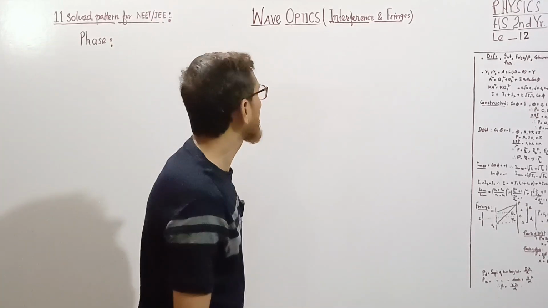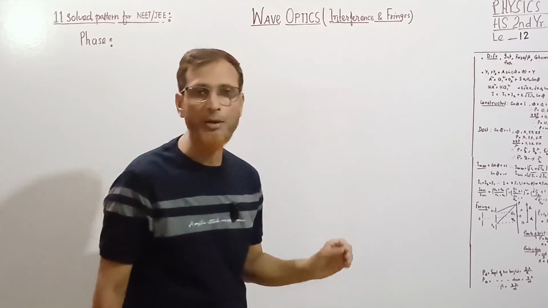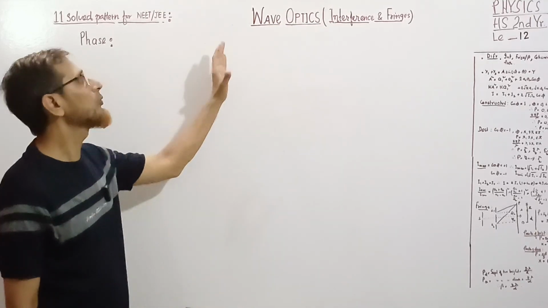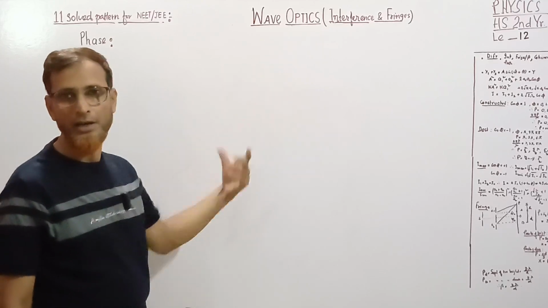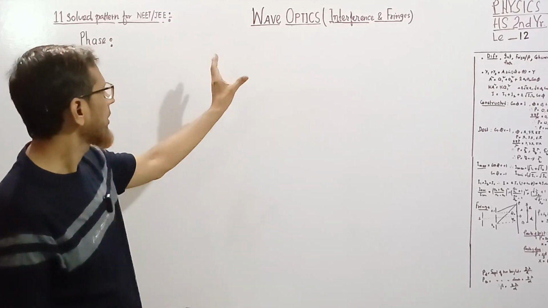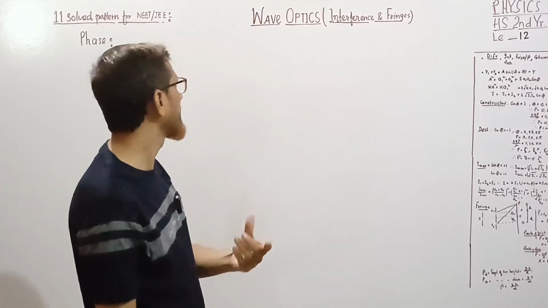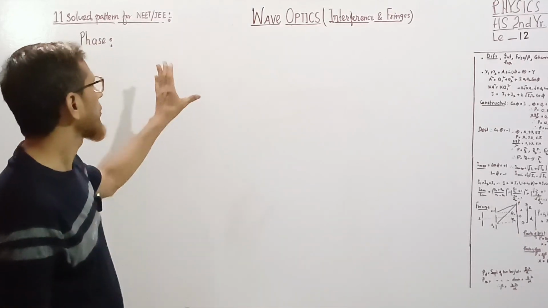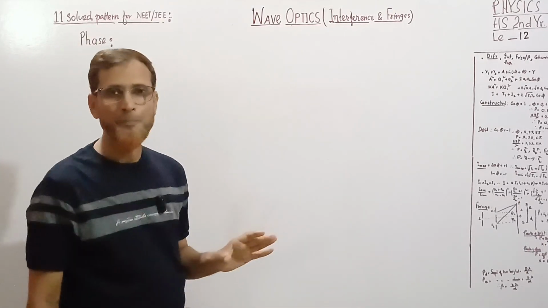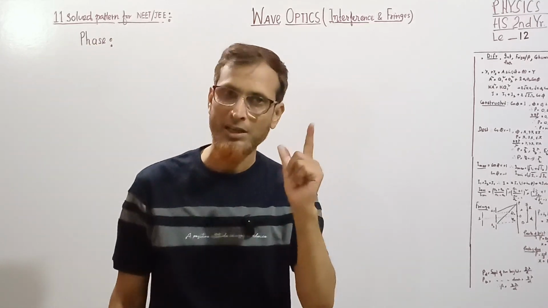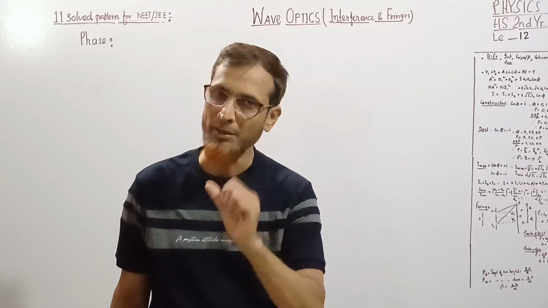Before starting wave optics, we have completed ray optics. So why is wave optics needed? To explain this background, I will spend only 1 or 2 minutes on this topic. We have seen that when a wave moves, it requires a medium, but a light wave does not require any medium.